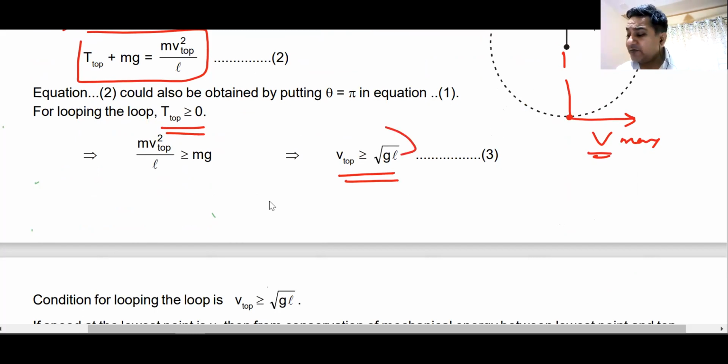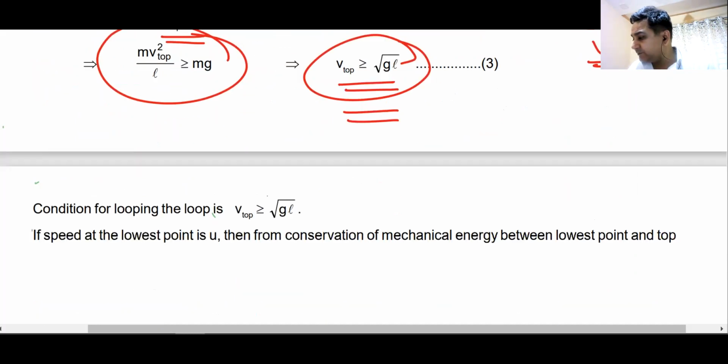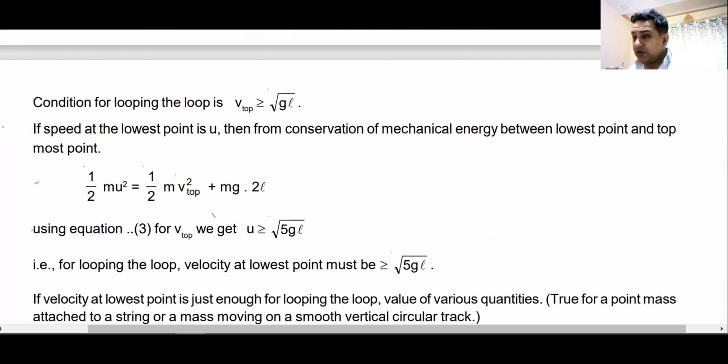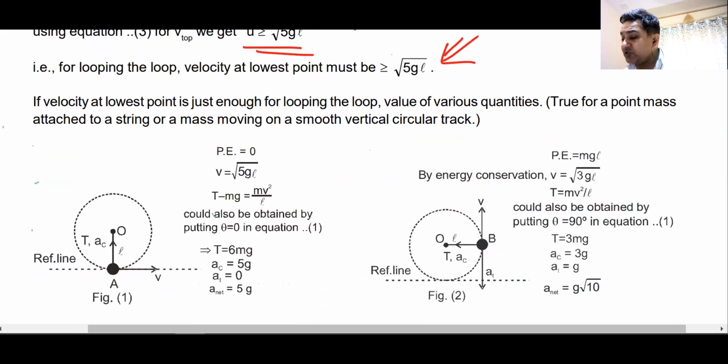From there, you can get the velocity at the top: the velocity at the highest point should be greater than root over gL. Do we remember this condition for a particle to complete the circular path? Then you can apply the law of conservation of energy and find the velocity at the lowest point. At the lowest point, it must be more than root over 5gL.